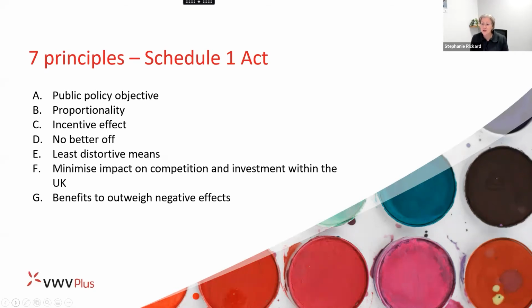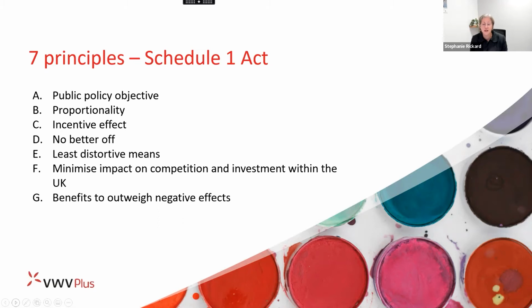There's a requirement that there is a change as a result of the subsidy, and that the beneficiary should be no better off as a result. We've talked about least distortive means, and there's a reference to making sure that the subsidy minimises the impact on competition and investment within the UK.